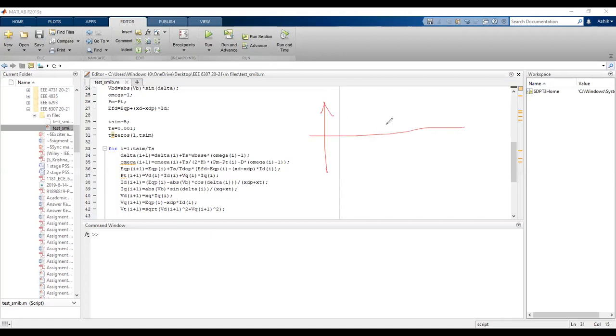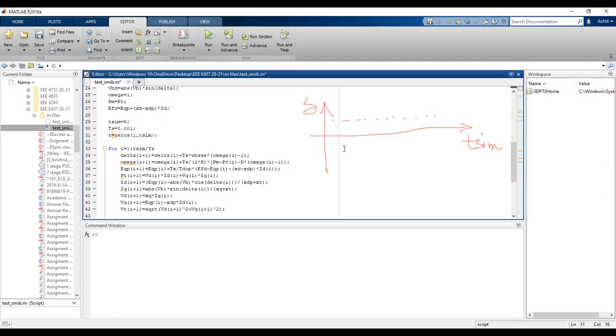Remember, I used this diagram. So this was my TSIM. Let's say delta. So what I am asking is this: how many points we are going to actually plot? Since total time 5 and TS is 0.001, I think it would be 5,000 points. Yeah, excellent. So in general, we can express it like this, right?